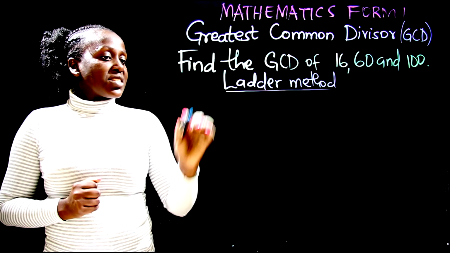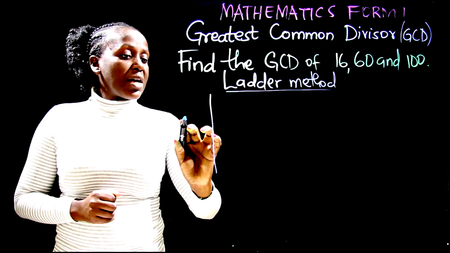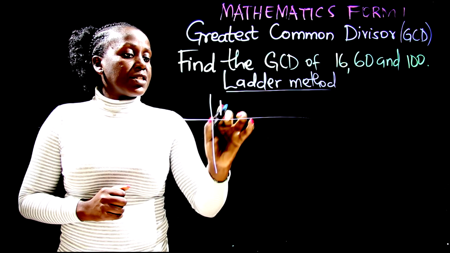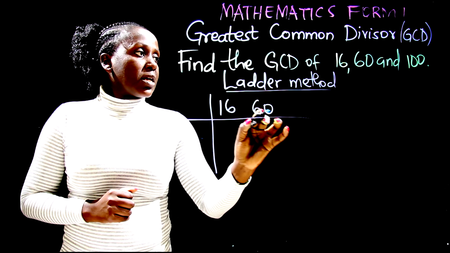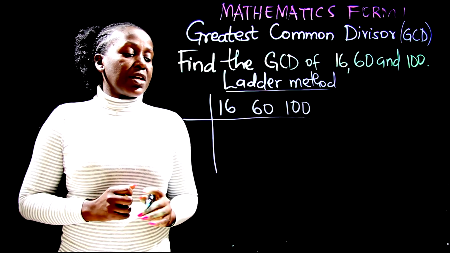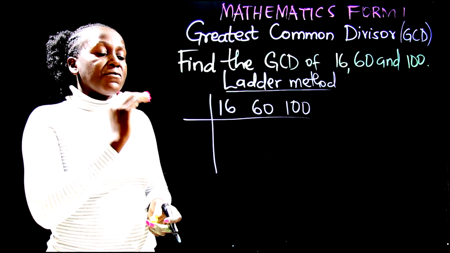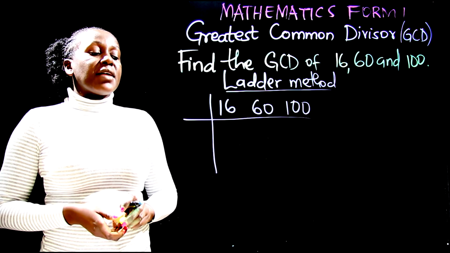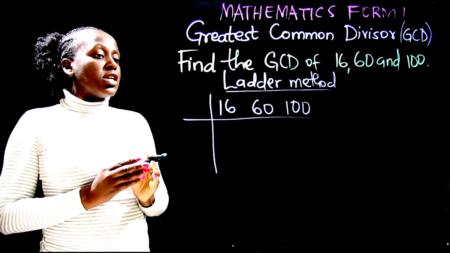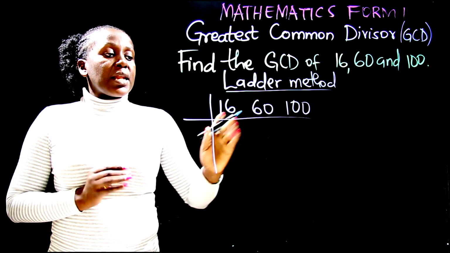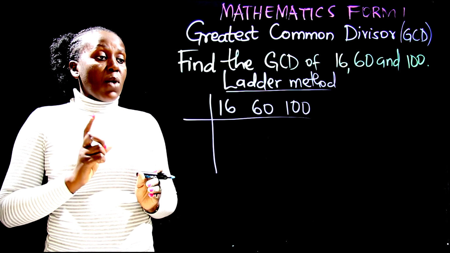So we are going to create a ladder with the 3 numbers. So here we have 16, 60, and then 100. And then what we are going to do, we are going to have successive division until we get to a point where all the 3 numbers cannot be divided by one number.